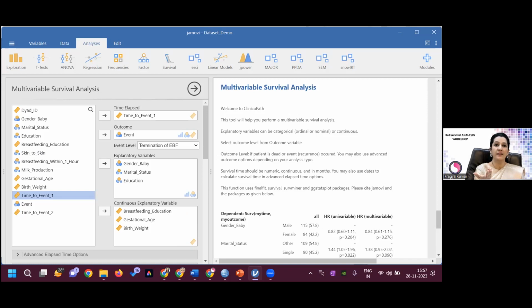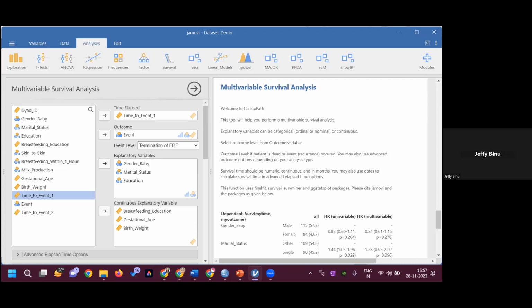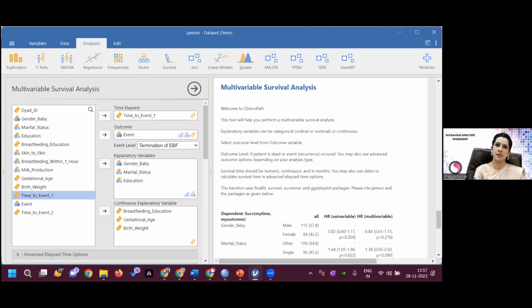But you will not get VIF and tolerance here as part of the Cox proportional regression. That's why you have to check with this correlation matrix. But what if we check that there and then come here? Yeah, you can do that.